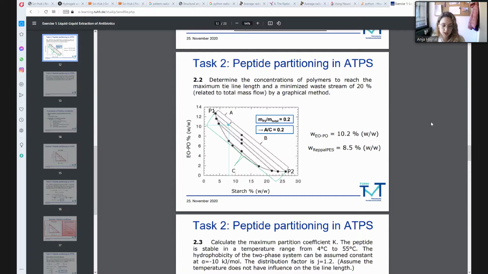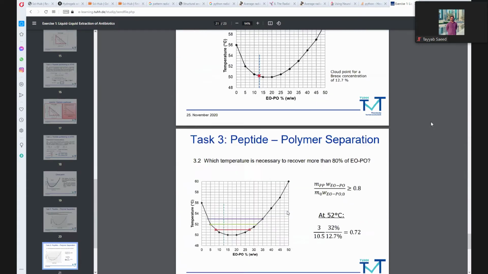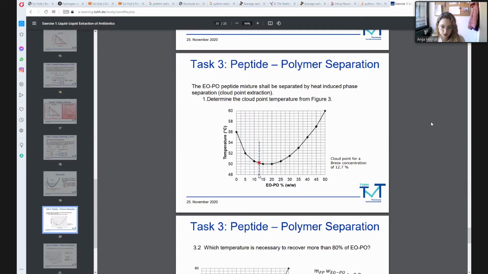So here we see that we have 12.7 EOPO in this phase. Okay? Yes, exactly, ma'am. Now I know. Okay. So we just take here is 10, this is probably 12.5 and a little bit on the right. We approximate, this is 12.7, and then we determine that the temperature here is around 50.25 degrees or so. Okay?